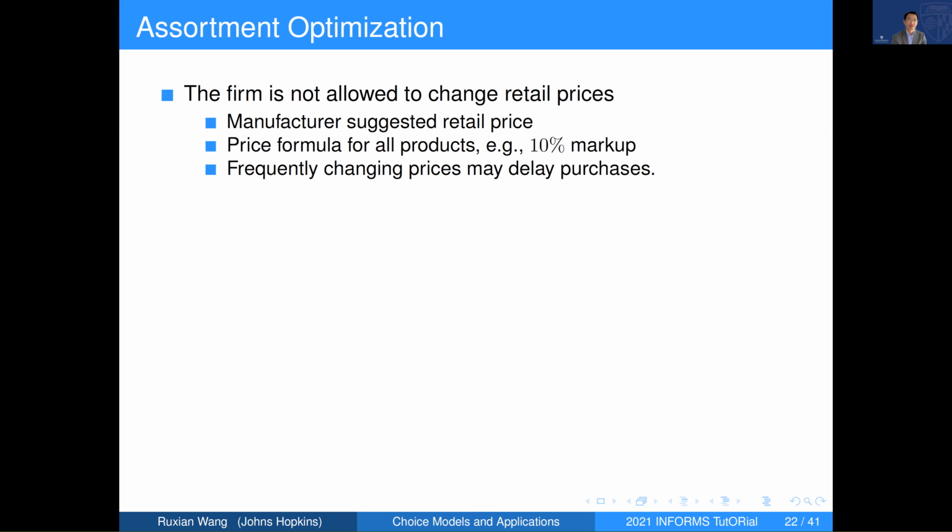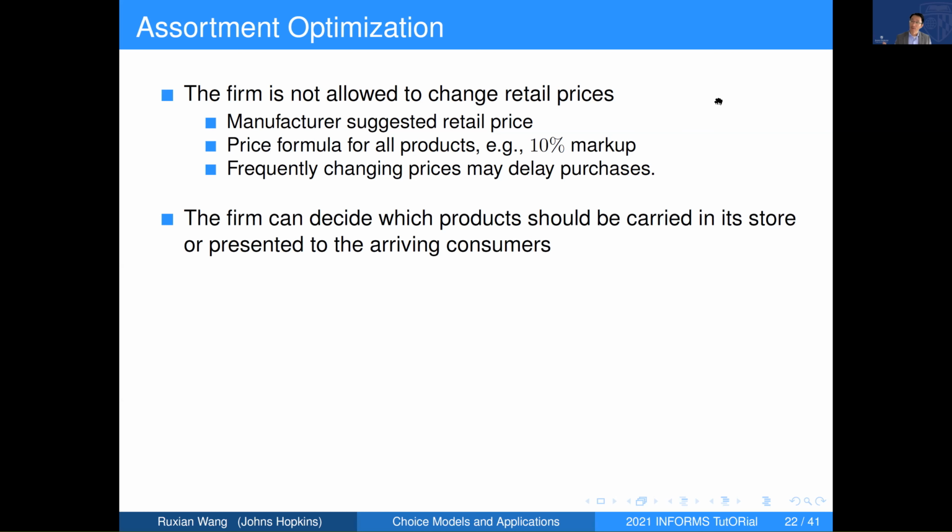Or there may be a price formula decided at the high level for all products, for example, a 10% markup across the board. Or if you frequently change your prices, it may induce some strategic purchase behavior. Some consumers may delay their purchases.